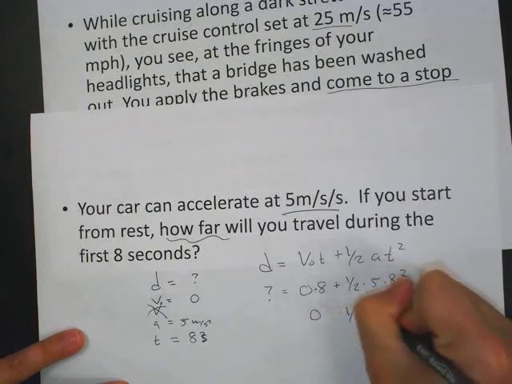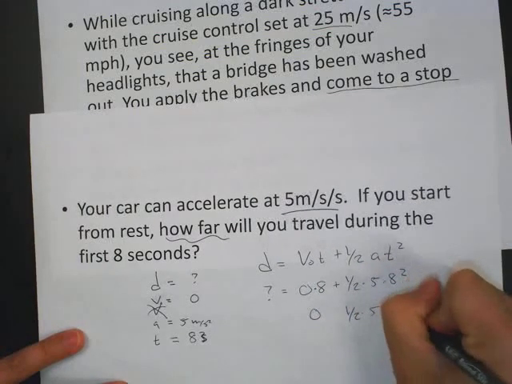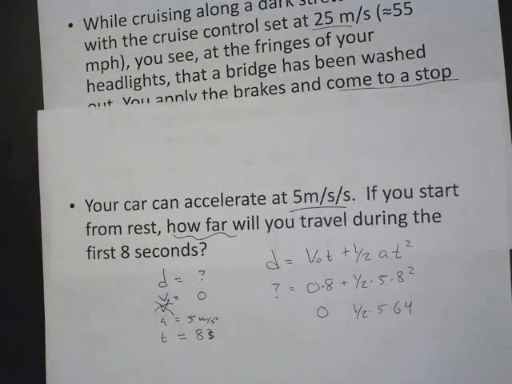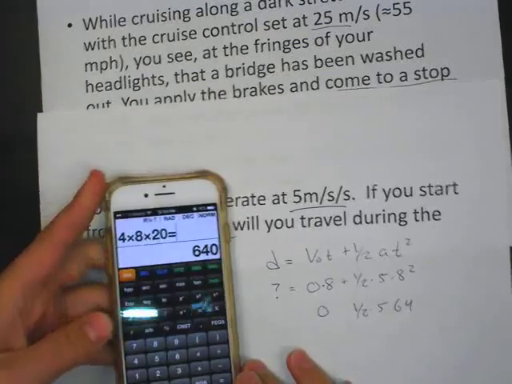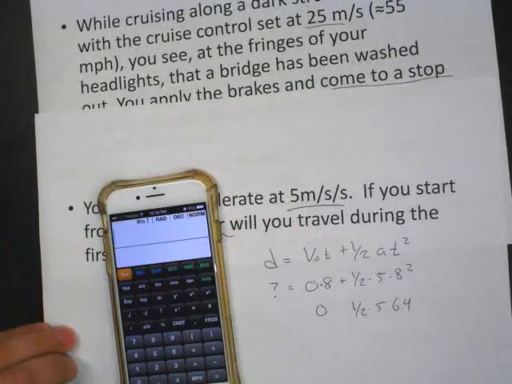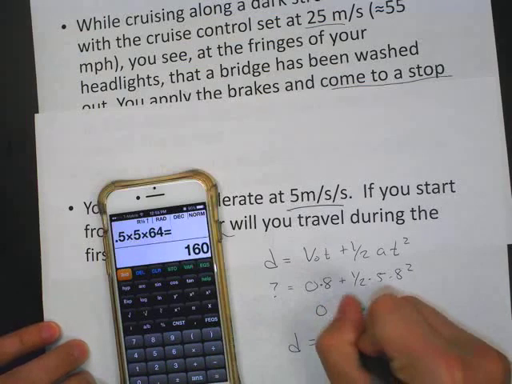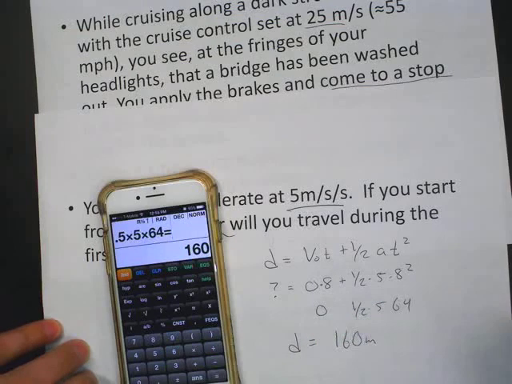Then 1/2 times 5 times 8 squared, and 8 squared is 64. We'll need a calculator for this one. 0.5 times 5 times 64. So our displacement in this case is 160 meters.